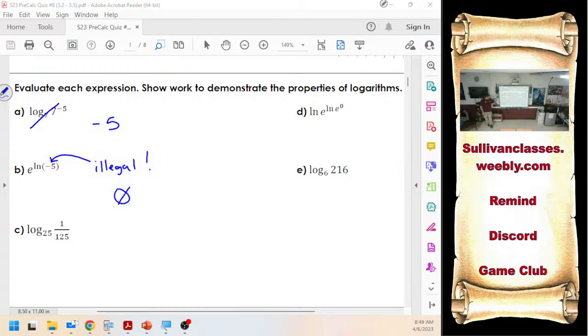Okay. Log base 25 of 1/125th. Going to end up with a rational number. Here you would probably want to use my definition. That 25 to what is 1 over 125? And then rewrite that. What base do they share?